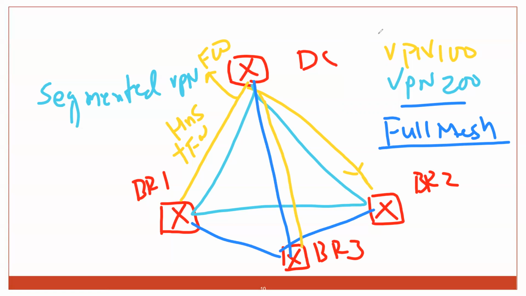Now we are taking an example of only 2 or 3 branches, but think if you have 200 branches and 5 or 6 different types of VPN. A few of the VPNs follow hub and spoke, a few are doing local exit, a few are using partial mesh, and a few are doing full mesh.